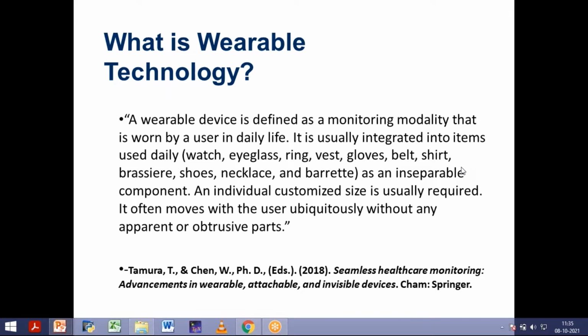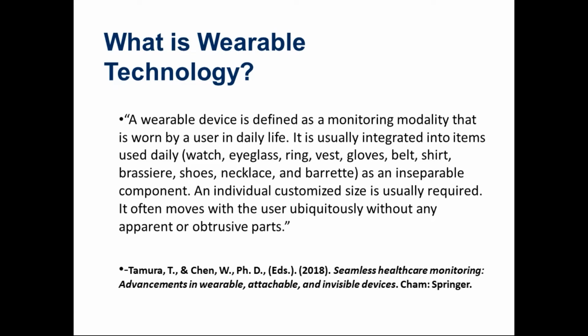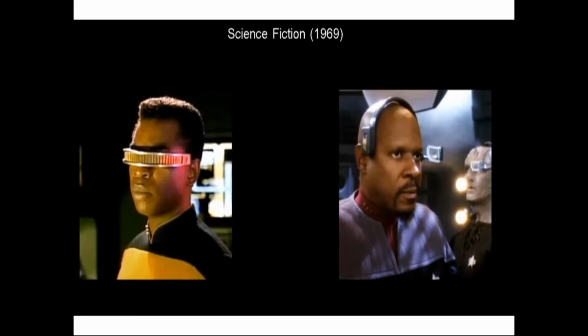There are various wearable devices available, which we shall be seeing. In earlier times, these wearable technologies were science fiction. In 1969, in the science fiction movie Star Trek, we saw a head-worn device through which the actors were able to see outside the spacecraft.